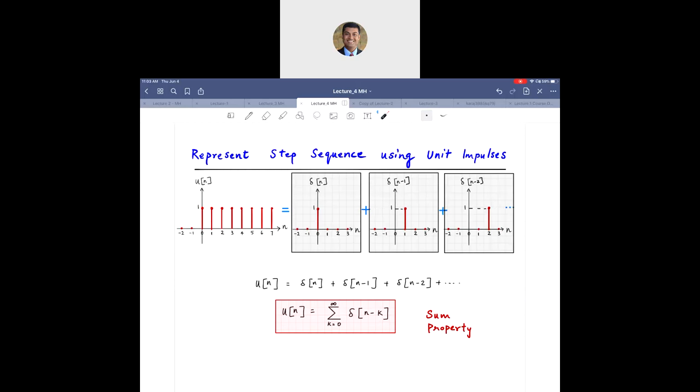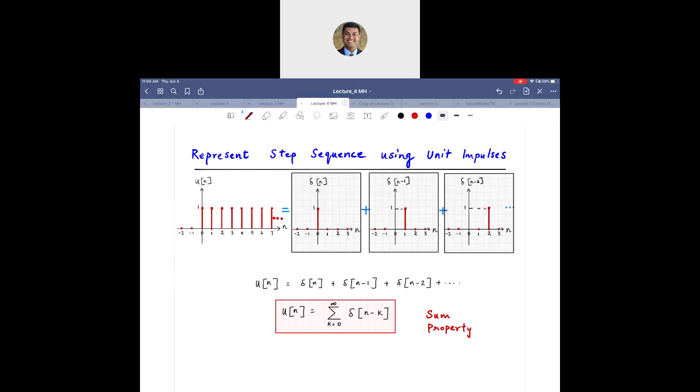So u of n can be simply written as a sum of all the boxes that are shaded here. Delta of n, which is the unit impulse, delta of n minus 1, the unit impulse shifted to the right by 1, delta of n minus 2, the unit impulse shifted to the right by 2, and so on. It keeps going because this keeps going. Let me also show that here clearly. This keeps going.